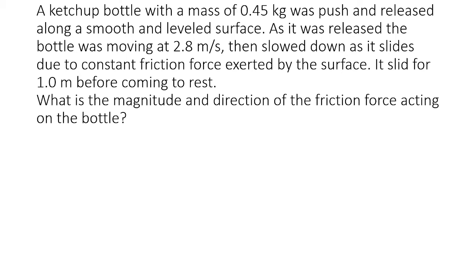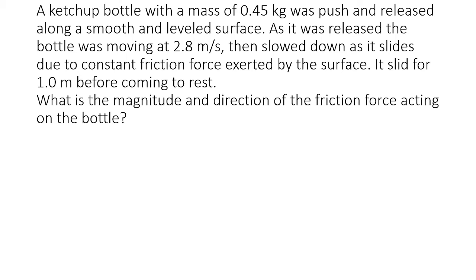So as it was released, the bottle was moving at a velocity of 2.8 meters per second, then slowed down as it slid due to constant friction force exerted by the surface. It slid for 1 meter before coming to rest. So, what is the magnitude and direction of the friction force acting on an object?